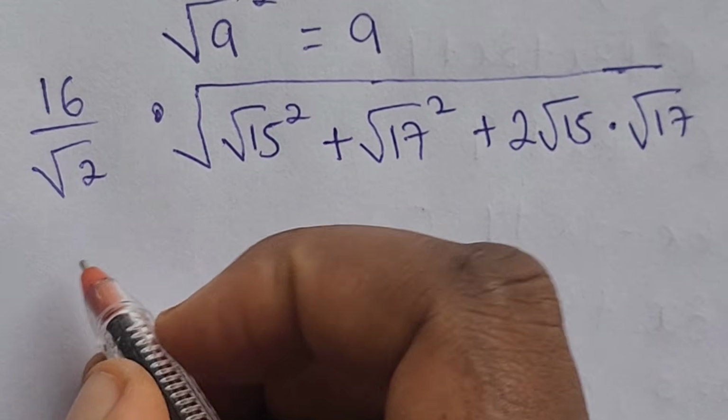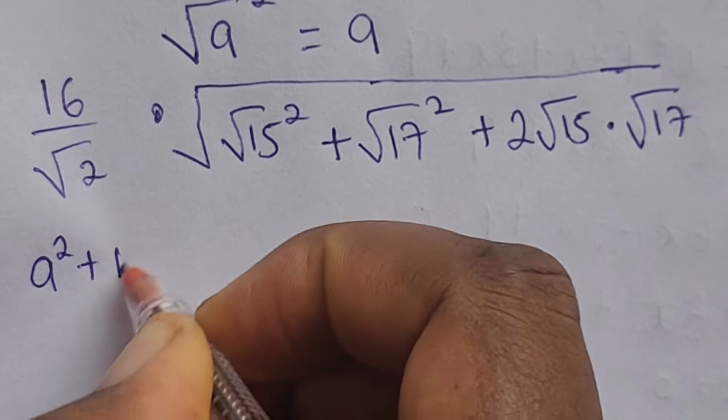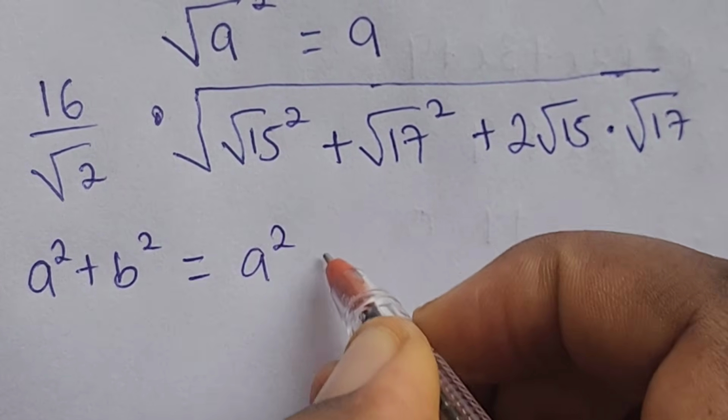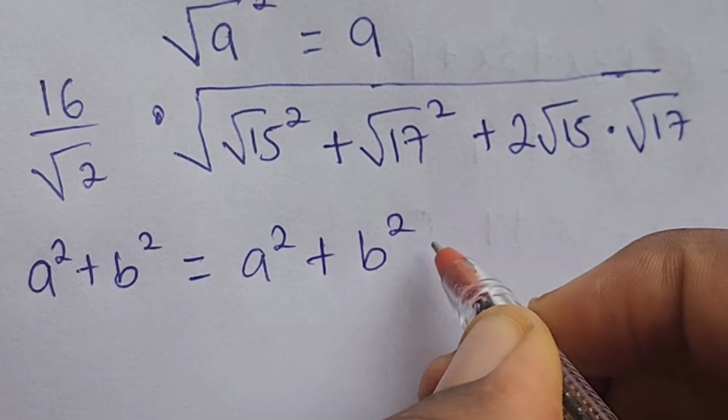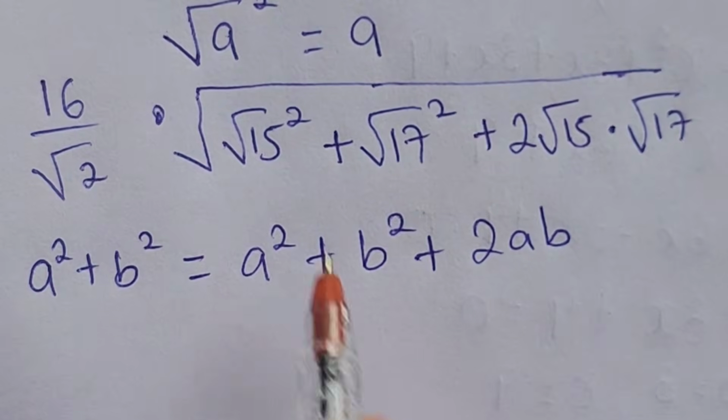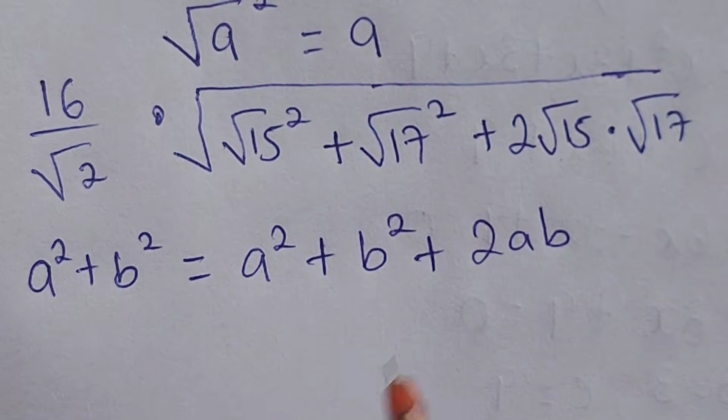Our a plus b all squared is equal to a squared plus b squared plus 2ab. So we have the same here.